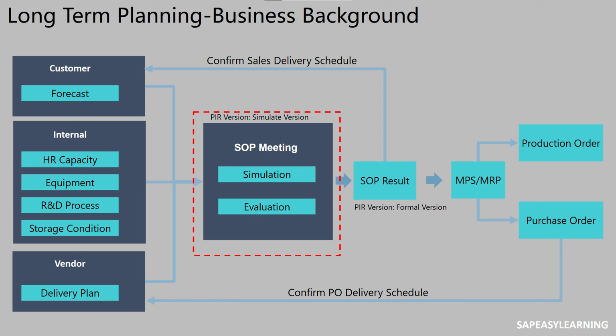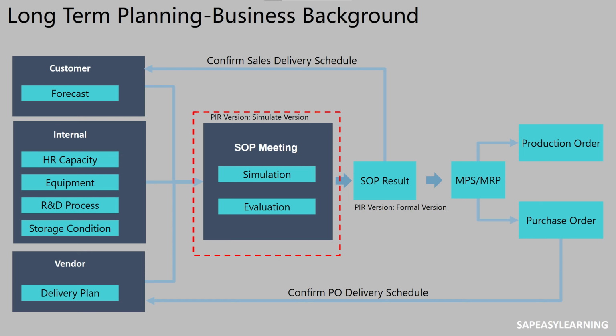In the SOP meeting, we also need to know the current situation of the production line, the human resource, the equipment maintenance plan, and any other necessary information to see if we have enough production resources for the forecast. And we also need to know how many raw materials we need to buy for the production, and whether we have enough space in the warehouse.